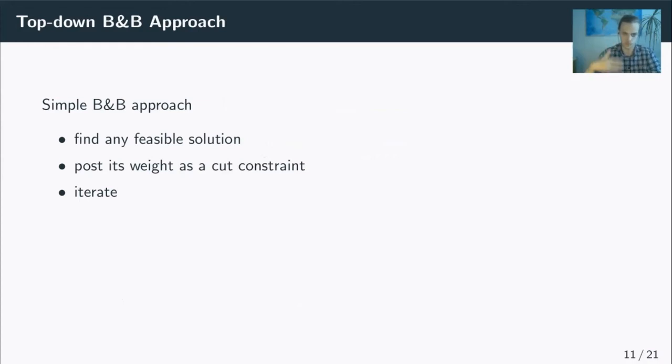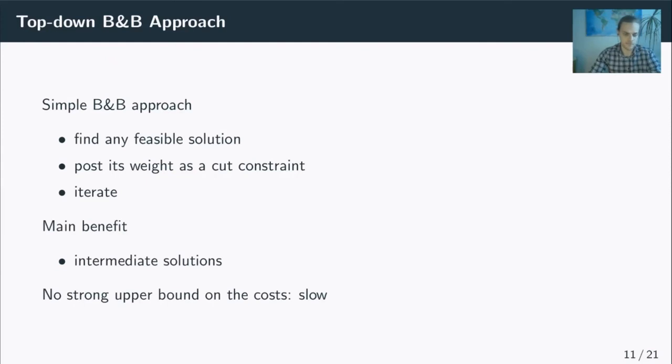And then you iterate this process. So classical branch and cut. The main benefit is you get intermediate solutions, which are hopefully good enough. The problem is you don't have a strong upper bound on the costs, and therefore you can suspect this procedure to be slow.